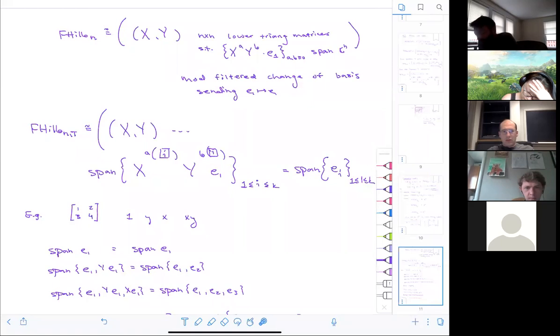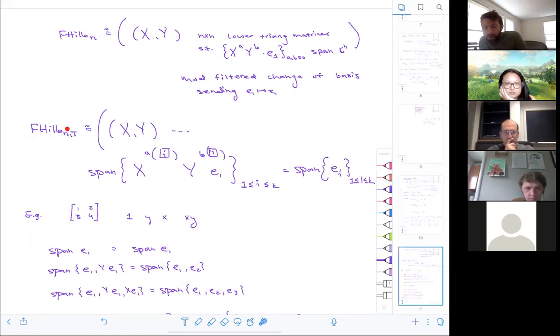Writing x and y as actual matrices requires a choice of basis, and so you mod out by filtered changes of basis which fix the vector E1. And so with this description of F tilde n, we get the following description of the subset determined by our tableau T.